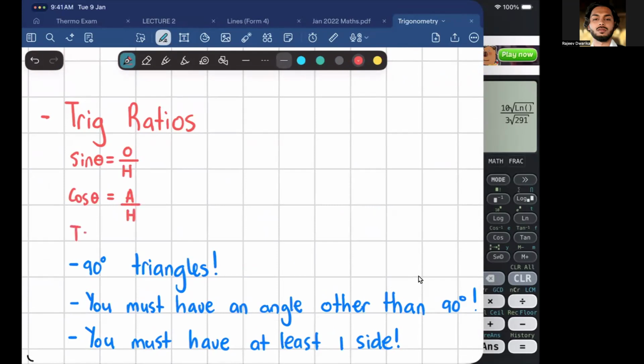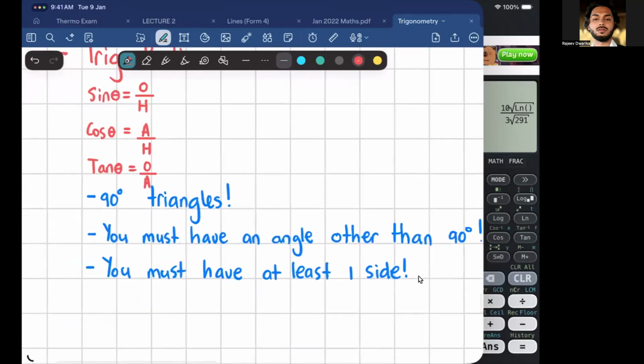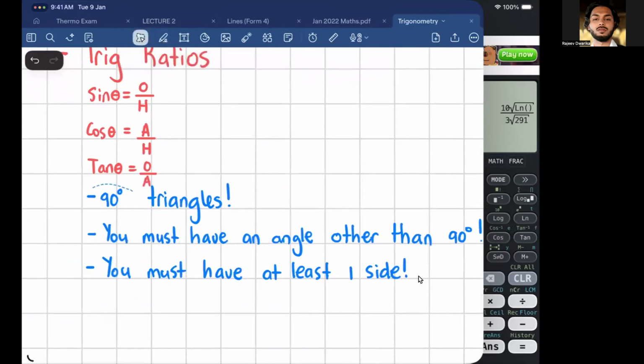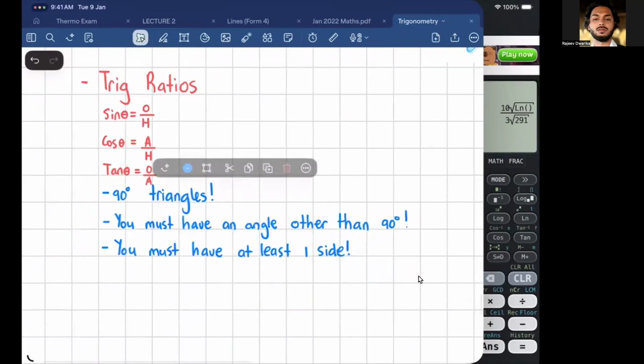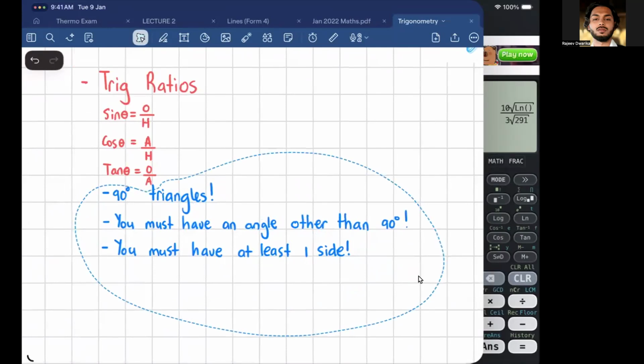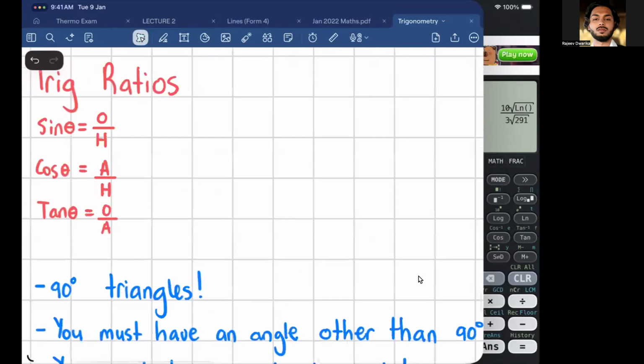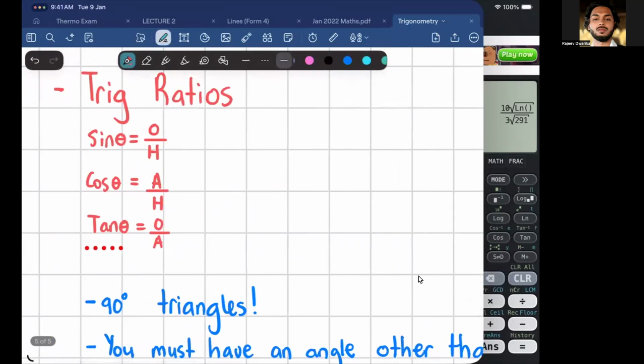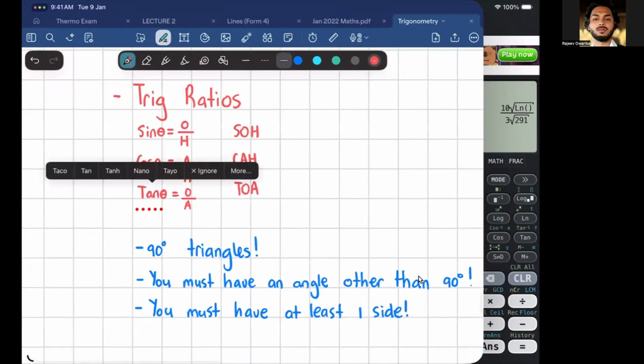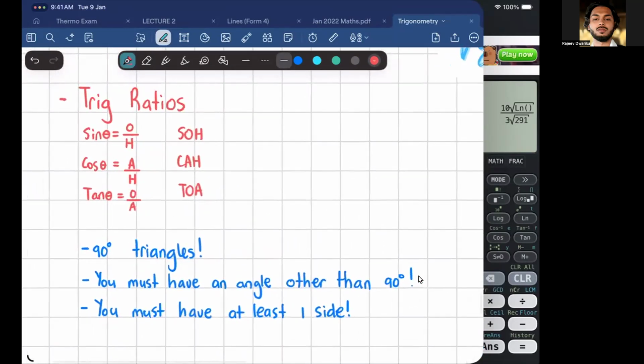And tan theta is O over A. So these trig ratios are just simply the ratio between two sides in a right angle triangle. That's all they are. Hence trig ratios, right? So yeah, you could go ahead and copy this down.